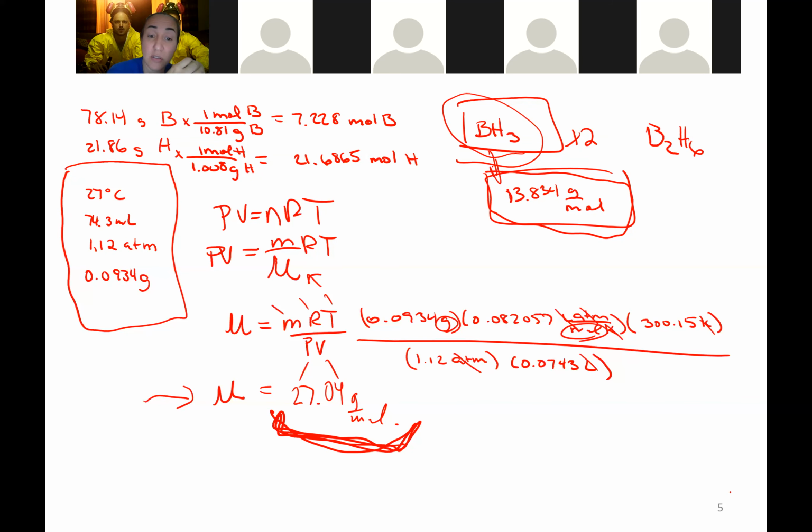So you would take 27 divided by 13. That's 2. So the empirical formula needs to be multiplied times 2 to get to the actual molecular formula. Because if you take the molar mass of B2H6, it'll equal 27.